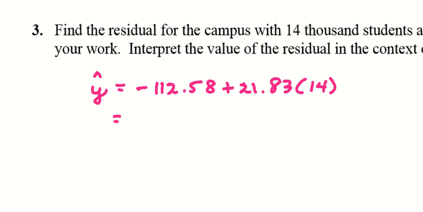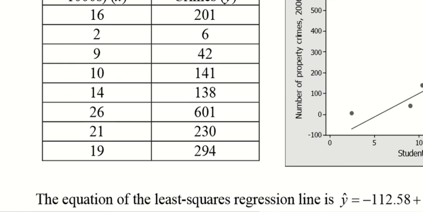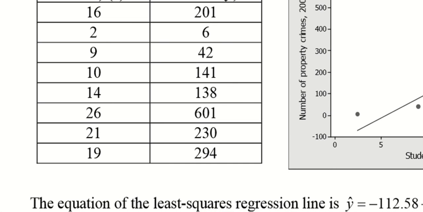My prediction is about 193 crimes. So then we're going to scroll back up. This is just my prediction, because remember that was y hat equals 193 crimes. Let's go up though and take a look, because we're looking at 14. What we actually observed happen was 138 crimes.